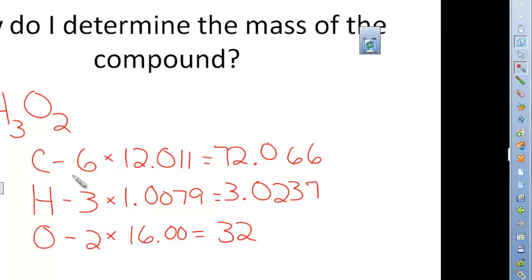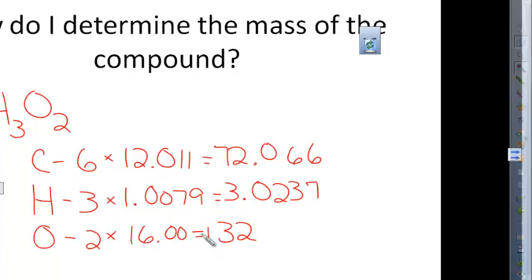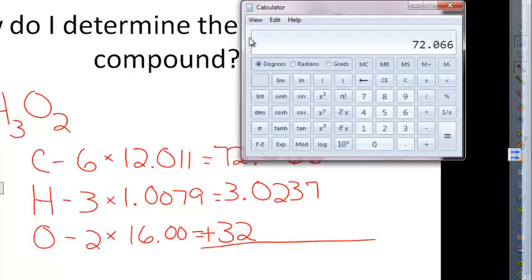Okay, so all we've done is multiply going across here. Now you want to add going down. So add them all up. Bring our little handy dandy calculator back out here. Alright, we already got our 72. So we're going to add 3.0237 and 32.